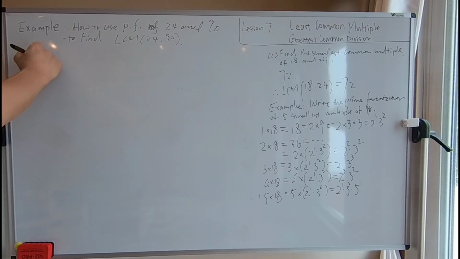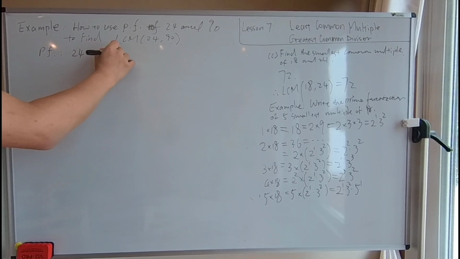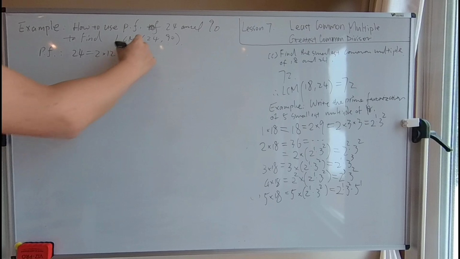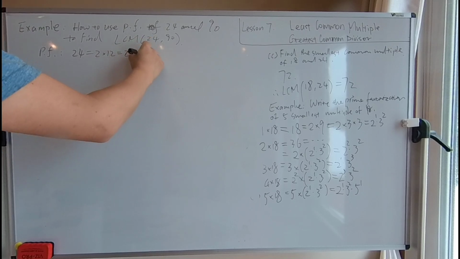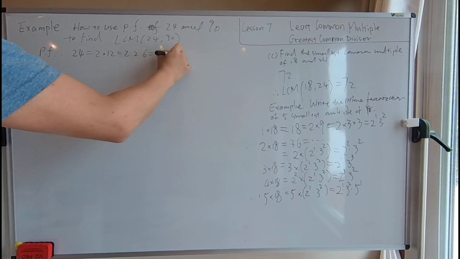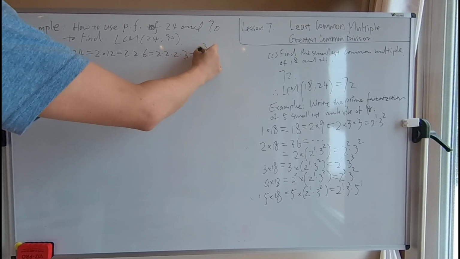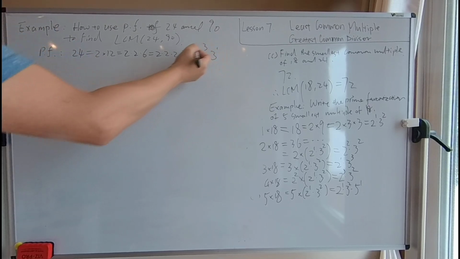So first of all, I'm going to write out the prime factorization of the two numbers. 24 is 2 times 12, which is 2 times 2 times 6, which is 2 times 2 times 2 times 3. So this is 2 cubed times 3.